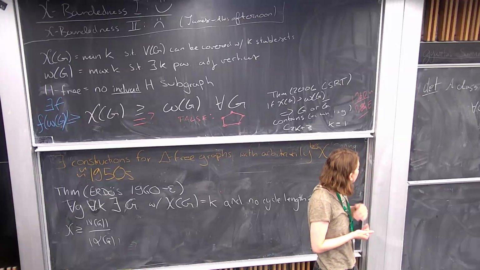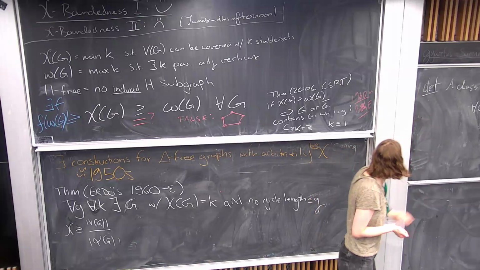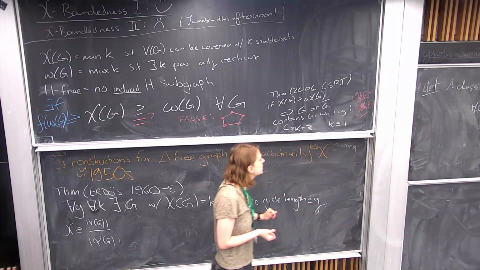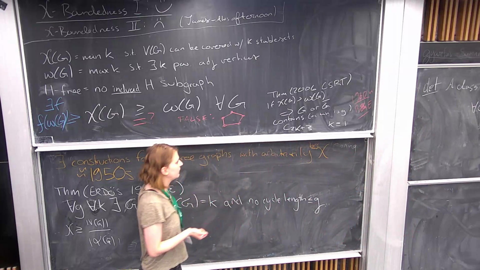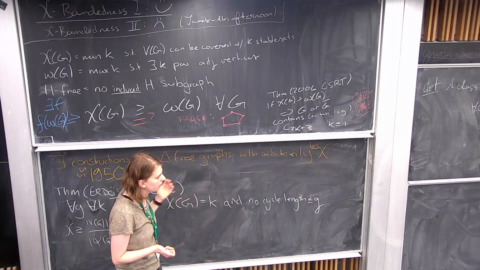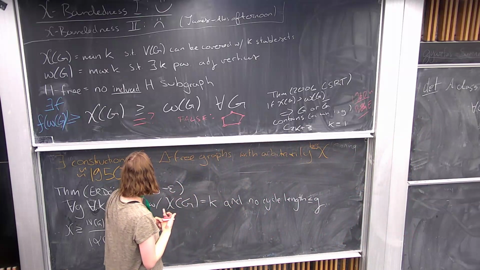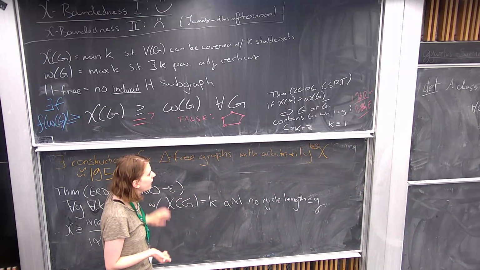And so to rephrase the previous few theorems in this language, both of them imply that the class of all graphs is not chi-bounded. In particular, the class of triangle-free graphs is not chi-bounded.